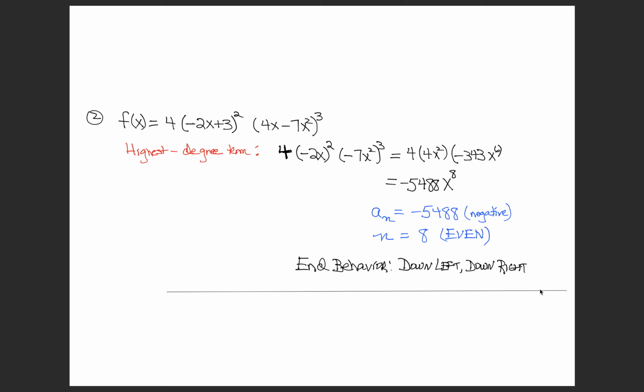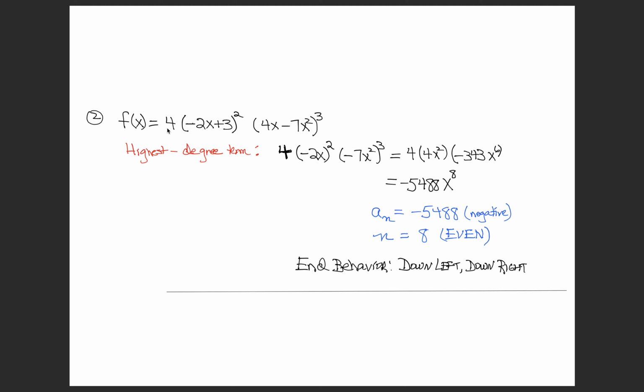Now we have some different dynamics that will be played out. If we go ahead and identify the highest degree term, I don't think we want to multiply literally 4 and then write in expanded form negative 2x plus 3 and then multiply by the cube of this difference of variable expressions. But we need the highest degree term.